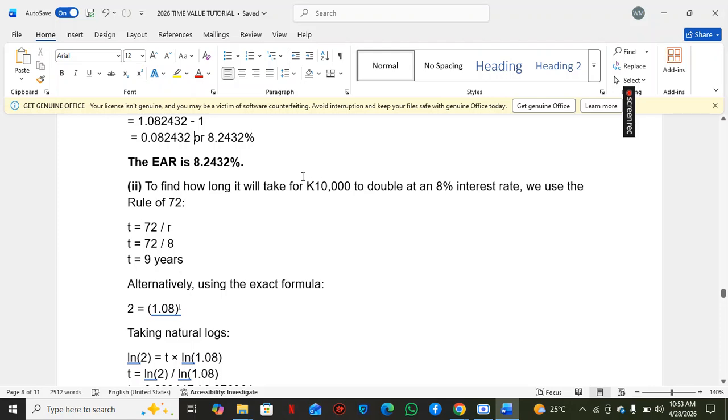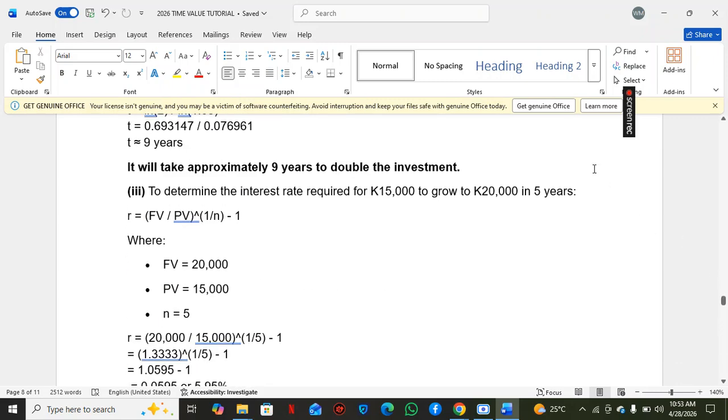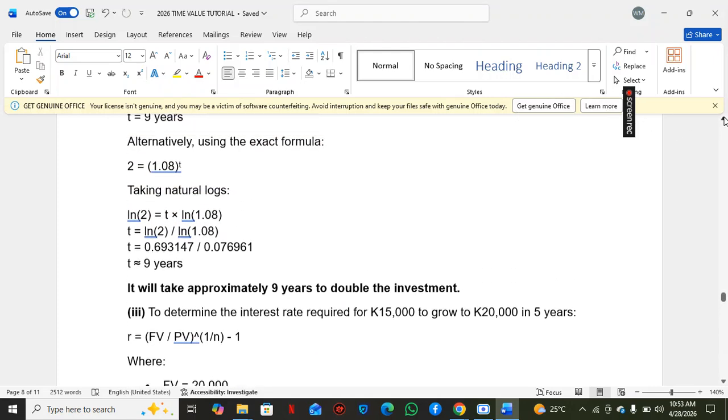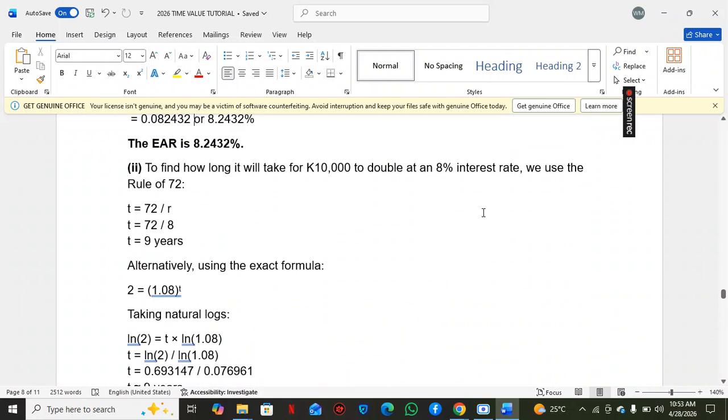Now, to find how long it would take 10,000 to double at an annual interest rate, as I said, you can use the simple formula, the rule of 72.